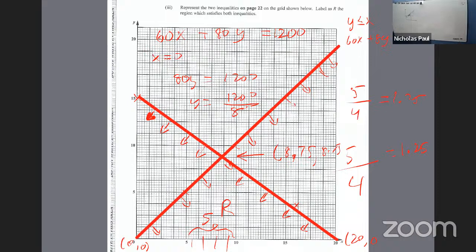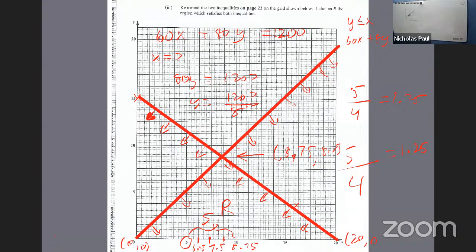It means every one of those blocks is 1.25. So if here is 5, add 1.25 and you get 6.25. Add 1.25 again, you get 7.5. Add 1.25 again, you get 8.75. That's okay, Yolanda?